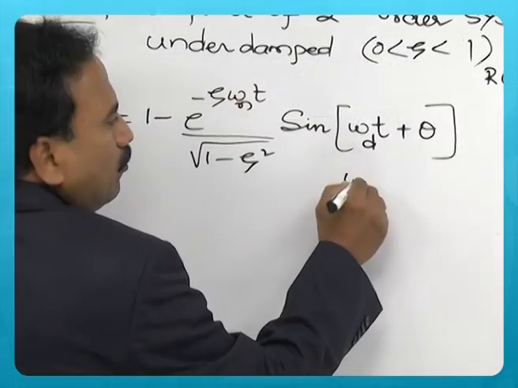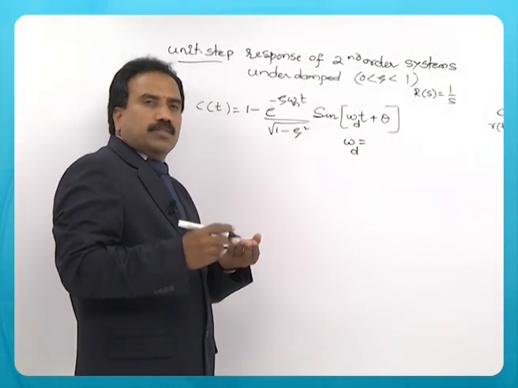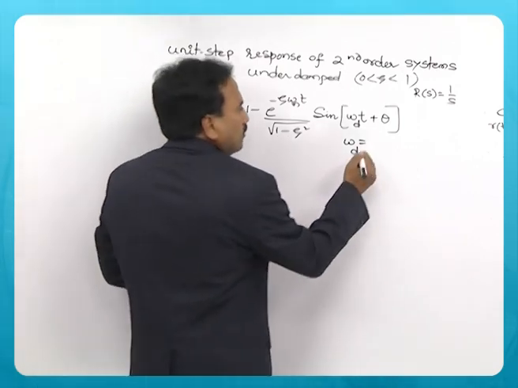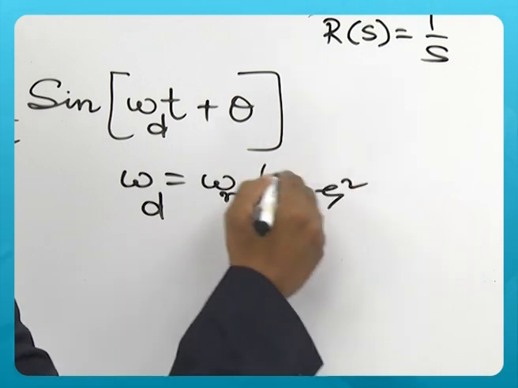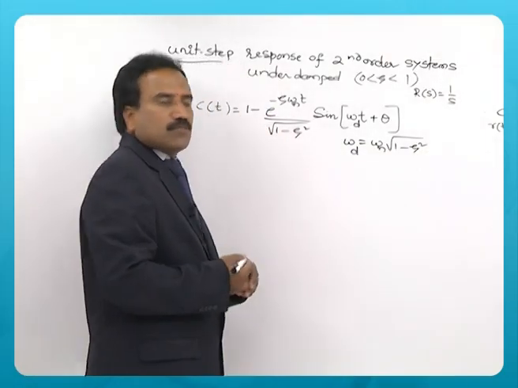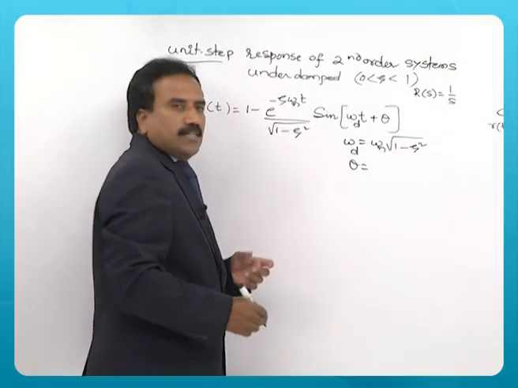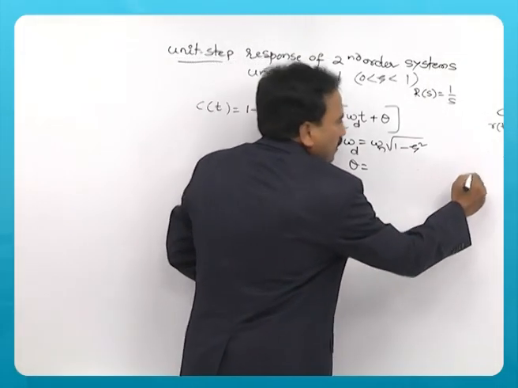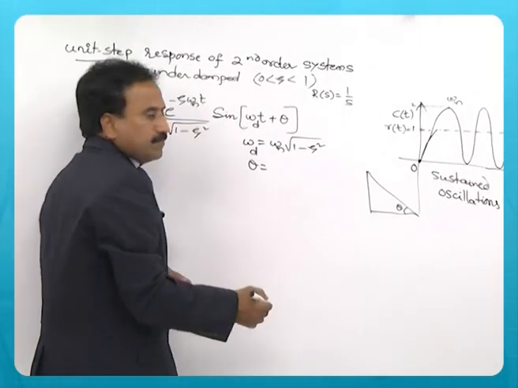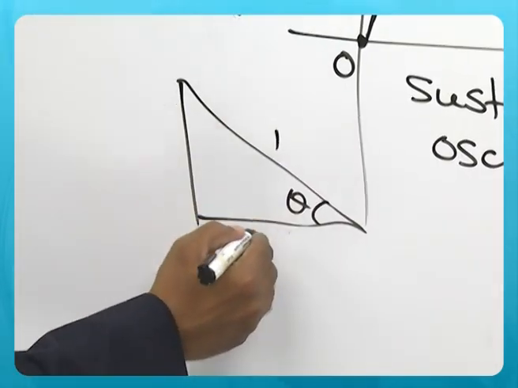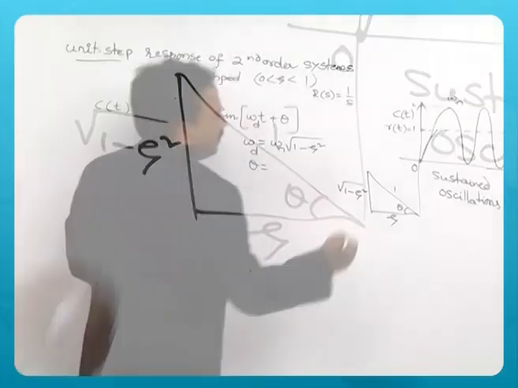You get an expression for the time response with an exponential term involved, where, as you are already aware, omega d is the damped natural frequency, given by omega n under root of 1 minus zeta square. And theta, as we discussed just before in the right angle triangle, is this angle. This side is 1, this is zeta, and this is under root of 1 minus zeta square.